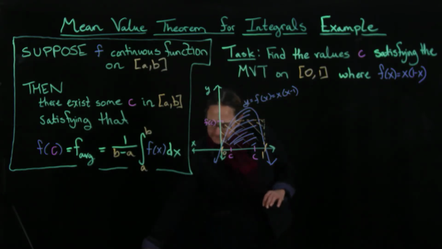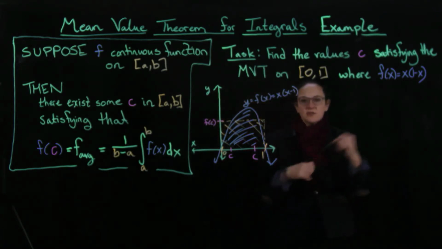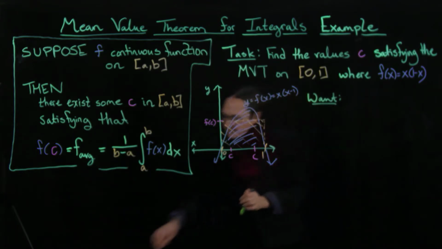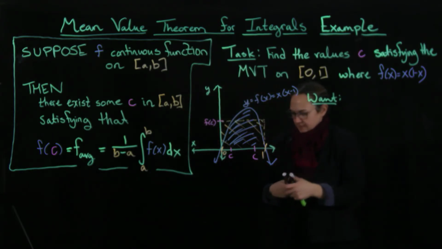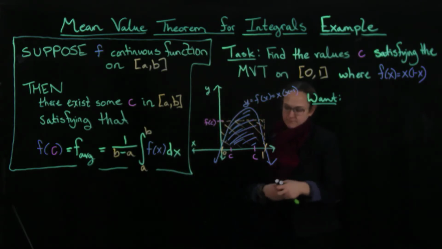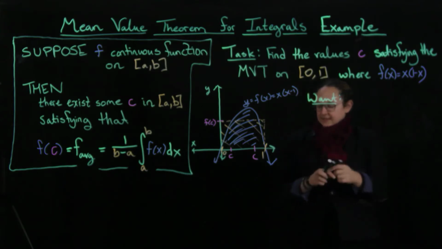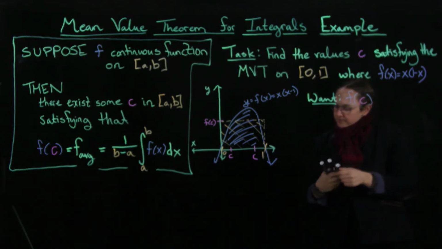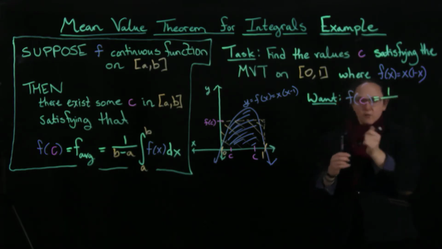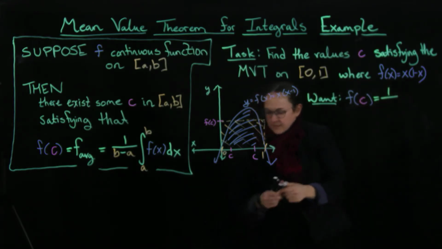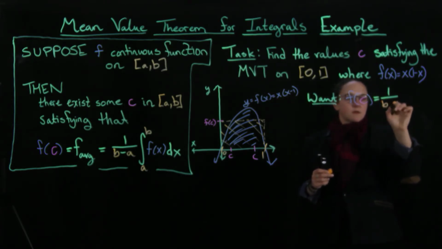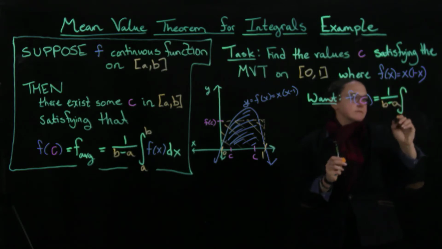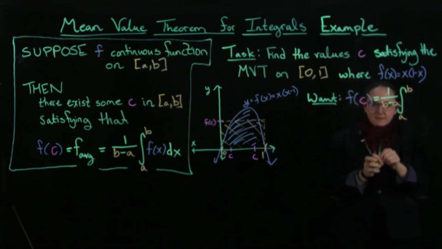So what we're aiming to have is that this f of c should equal 1 over b minus a of the integral from a to b of f of x dx.